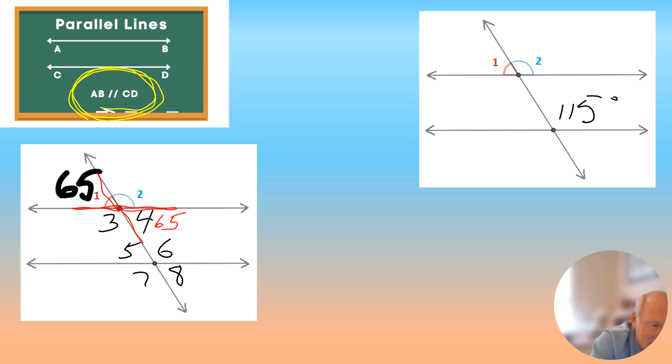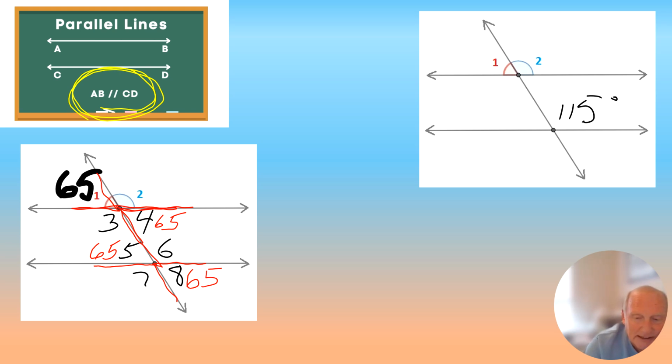Then I would jump to a Z. See the Z? Boom, and boom, and boom. This has to be 65. And then we've got a V, so he is also 65. Z's and V's. Now let's look for 180 degrees, because it's all super easy once you get to there.